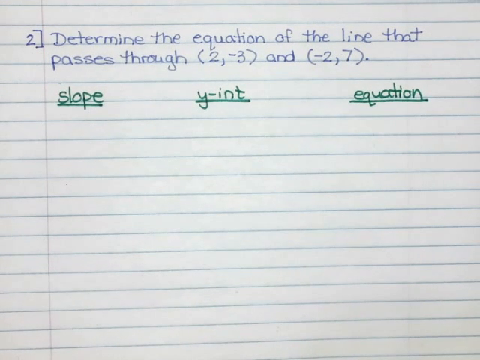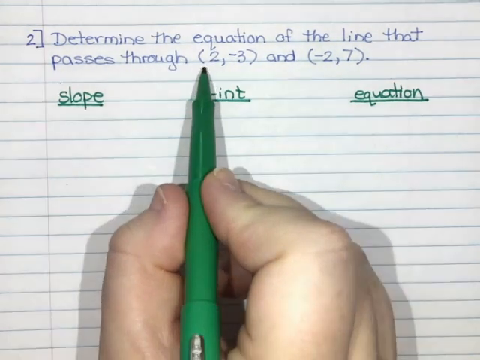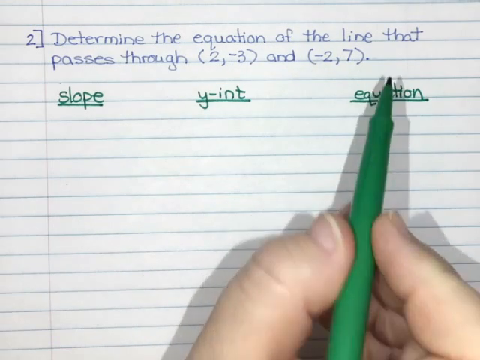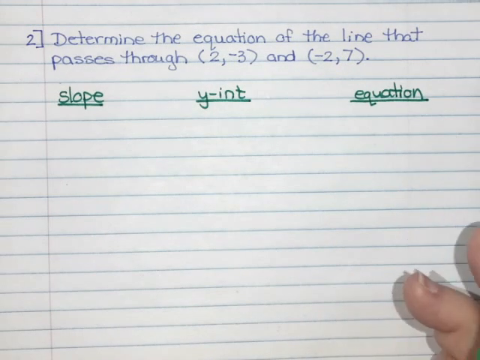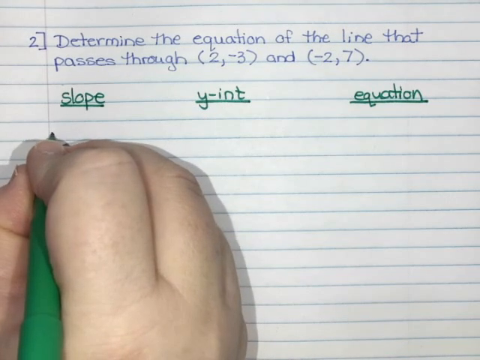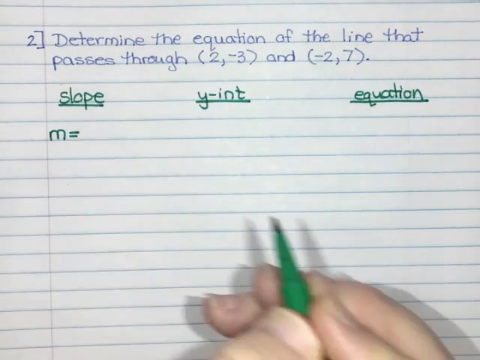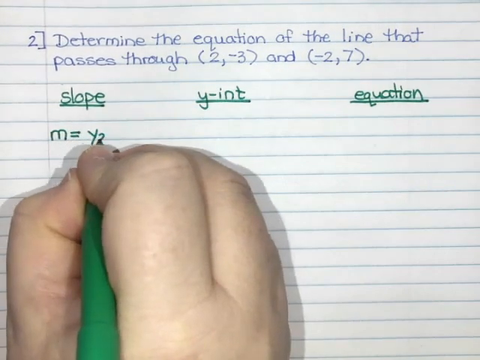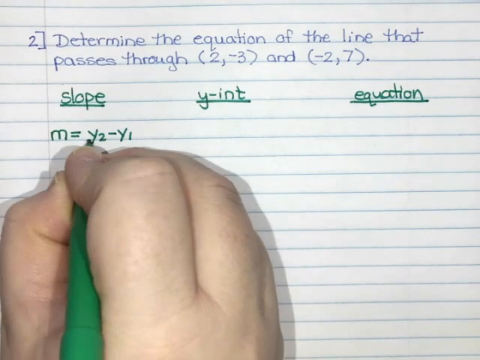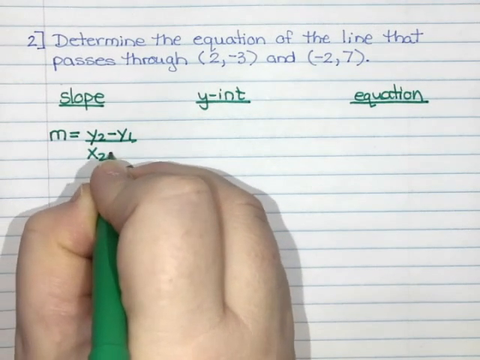Okay, so slope. Was the slope given in the question? No, but the question did give me 2 points, and I can calculate slope with 2 points. We have a formula that says m, the letter we use for slope, is y2 take away y1 divided by x2 take away x1.